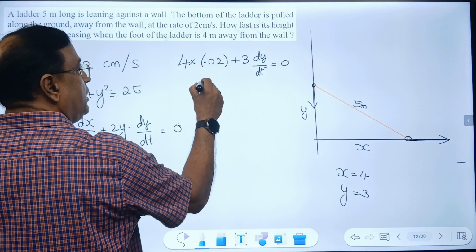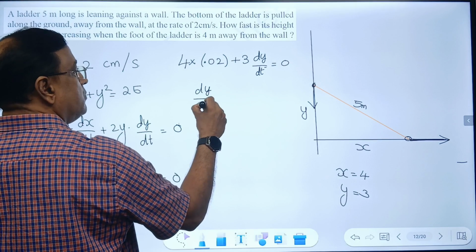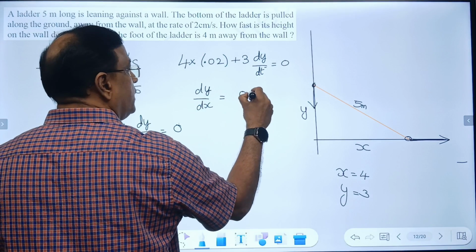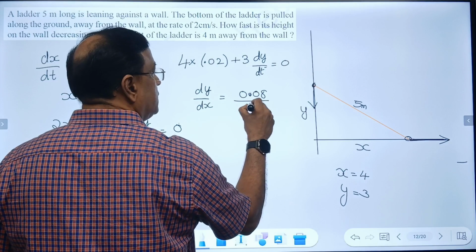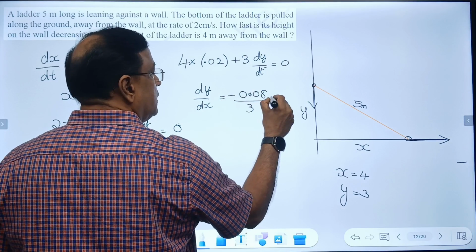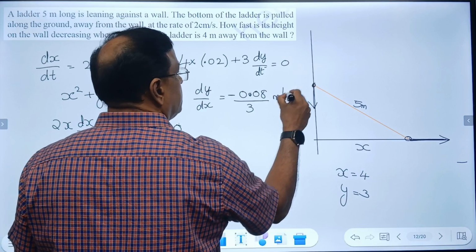So dy by dt equal to 0.08 divided by 3 with a minus sign, meters per second.